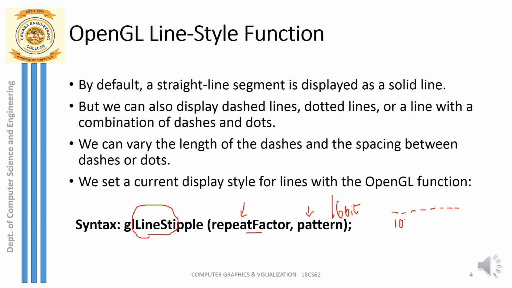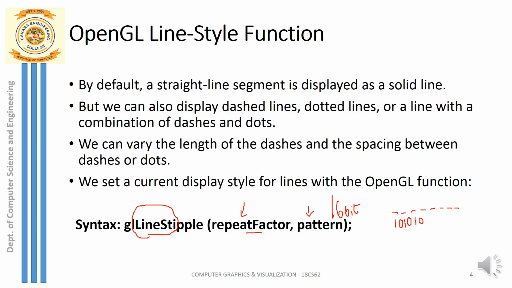The next dash again represents bit 1, and the next blank space represents bit 0. So this dashed line indicates the bit pattern 1 0 1 0, something like on off on off. On represents bit 1, where a line is drawn, and off represents the blank space where a line is not drawn, bit 0.